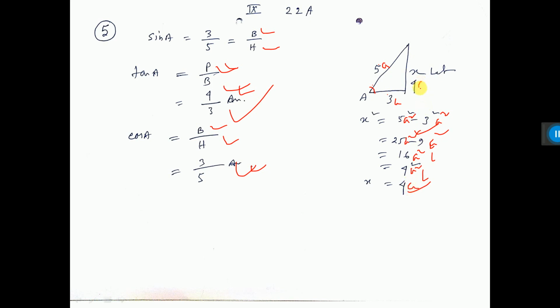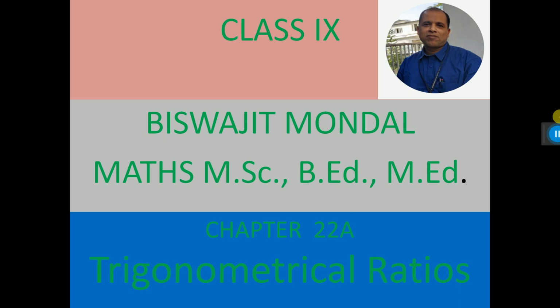So here also 4A. So in our sum, here it will be 3A by 5A. A cancels, the answer will be 3 by 5 only. Here also perpendicular 4A by base 3A, so A cancels, the answer will be this only. So whether you consider A or not, the answer will come the same. Okay, next. That's all for this video.